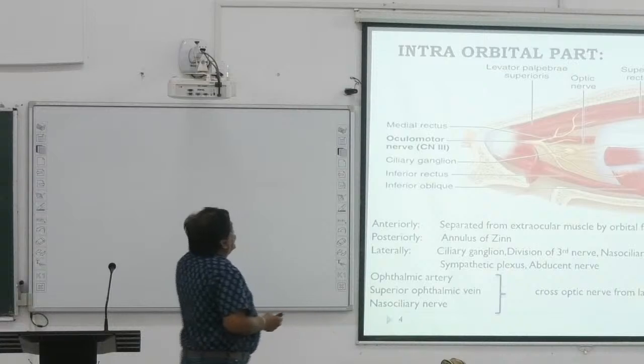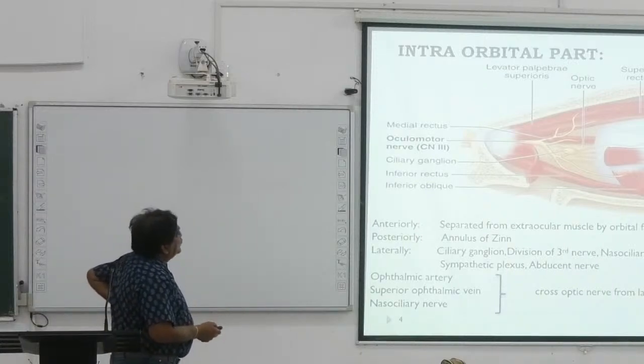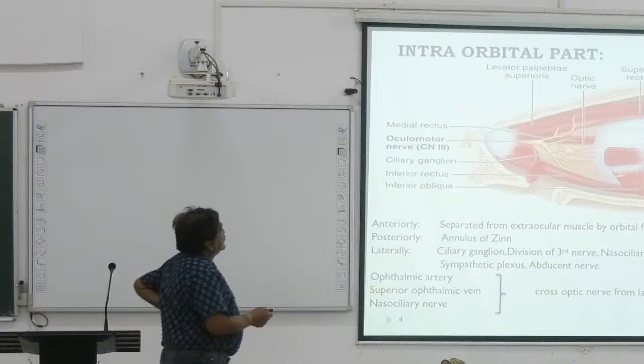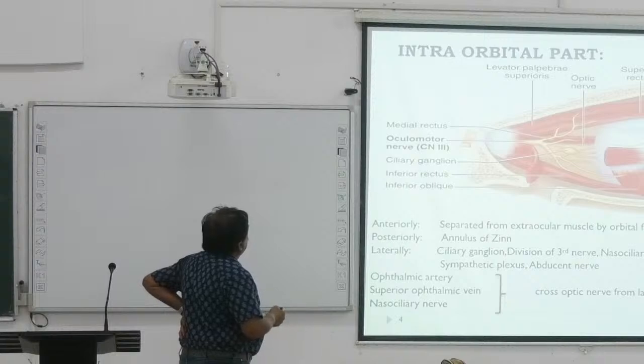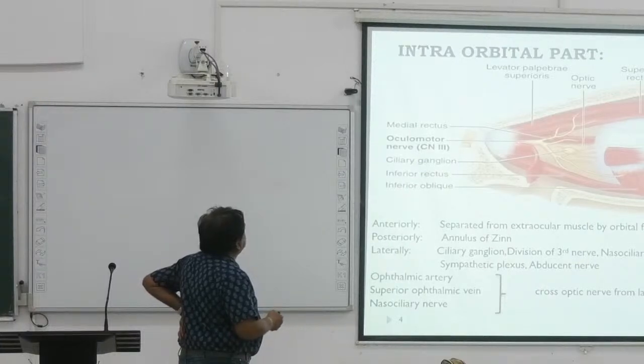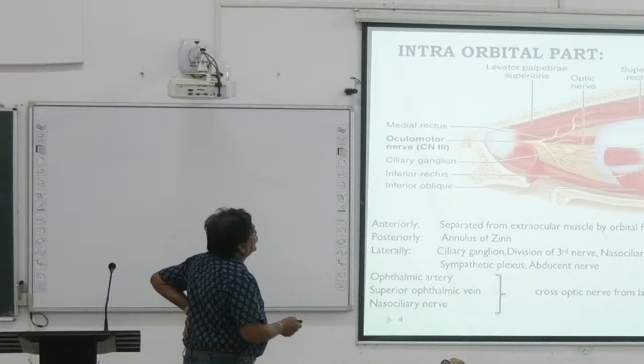Now, the intraorbital part. You see the superior rectus muscle, the optic nerve is here. The ciliary ganglion, the oculomotor nerve, CN3 is there, inferior rectus, inferior oblique muscles, to the sphincter pupillae, to ciliary muscle, this nerve.